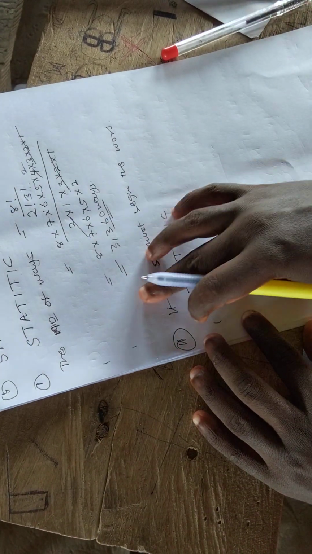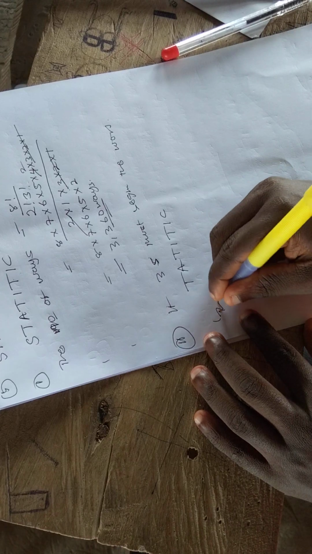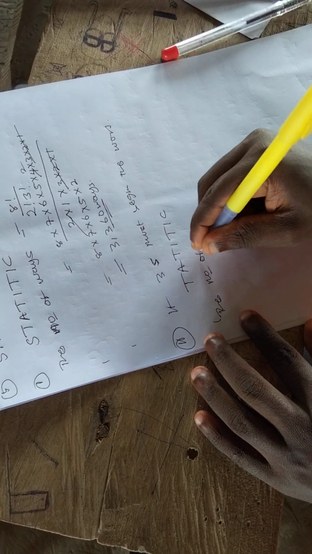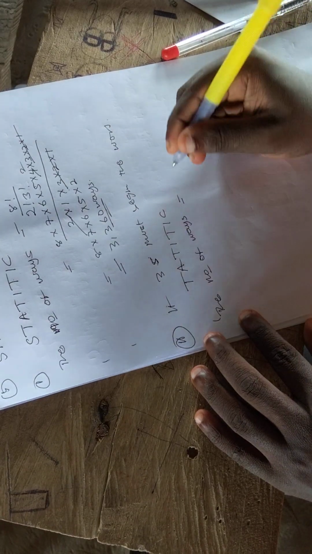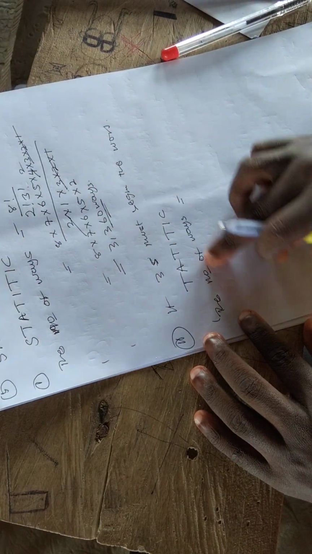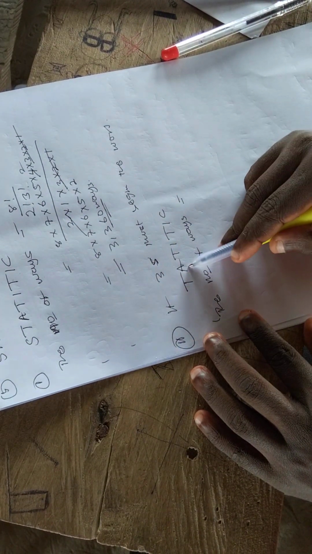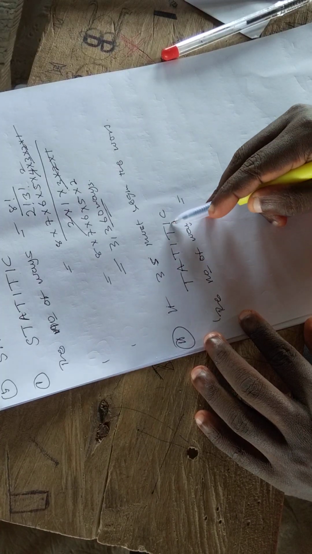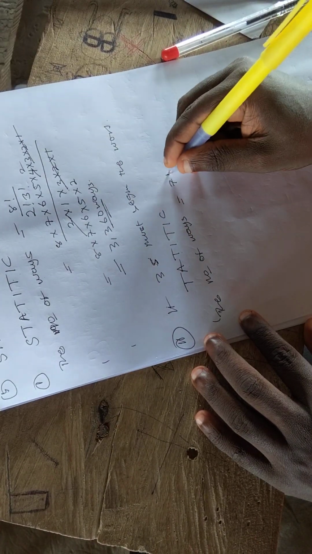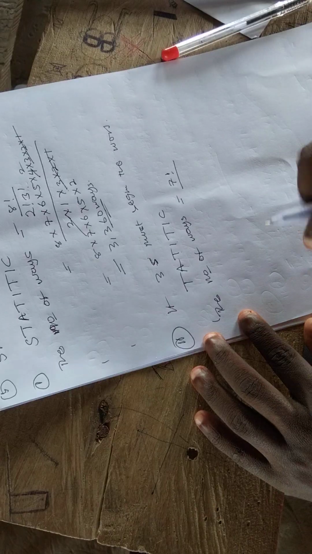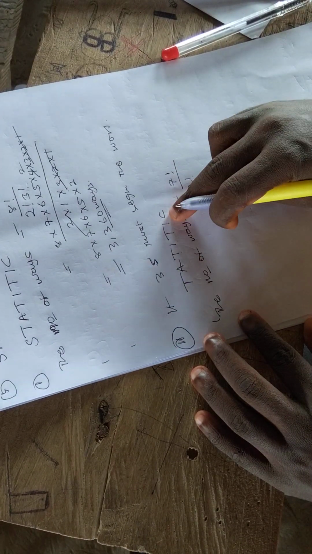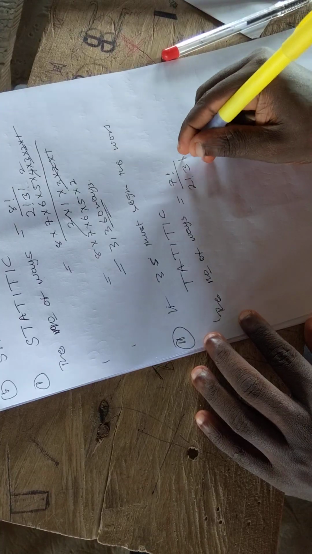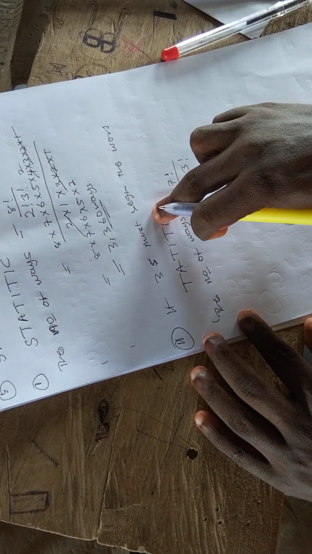So the number of ways here will become 1, 2, 3, 4, 5, 6, 7, which is 7 factorial, over 2 factorial for the 2 i's, then 3 factorial for the 3 t's.